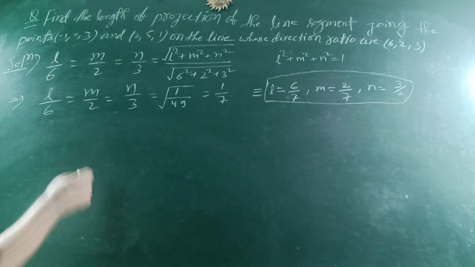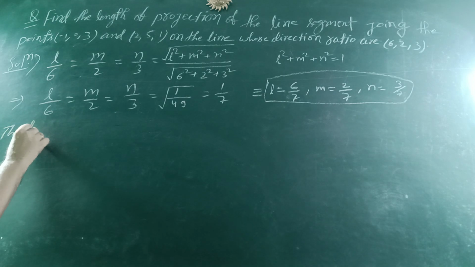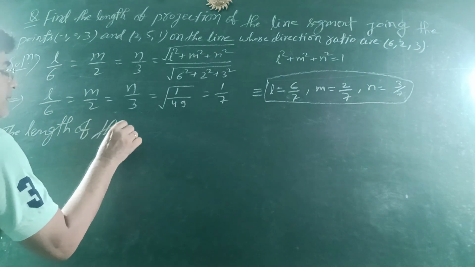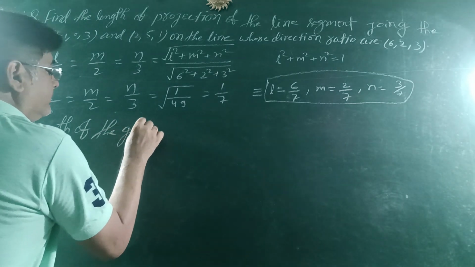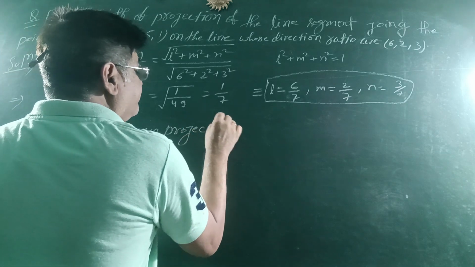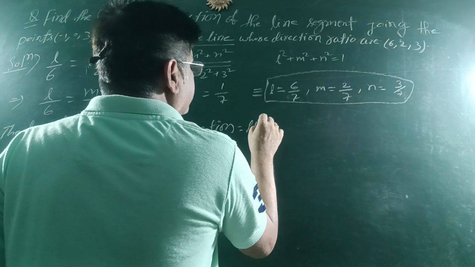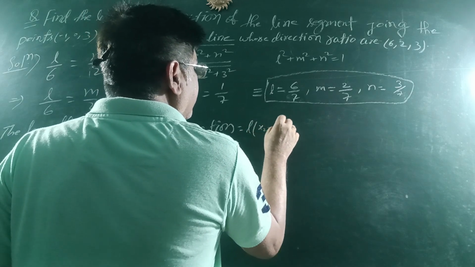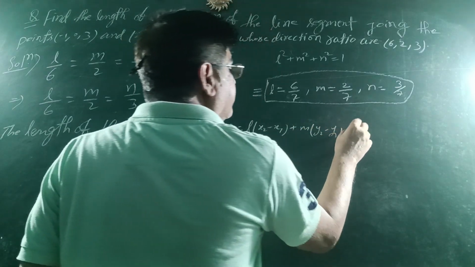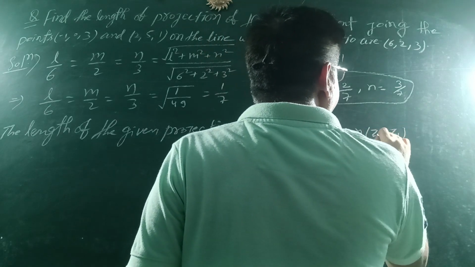So the length of the given projection is equal to the modulus of L times x2 minus x1 plus M times y2 minus y1 plus N times z2 minus z1.